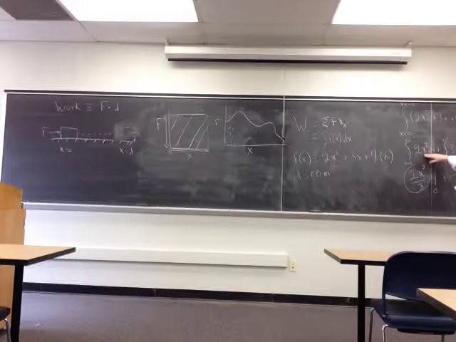So if you want to take the integral of x to any exponent, call it n, the integral of x to the n is equal to x to the n plus 1 divided by n plus 1. And this is going to be from 0 to 1 as well. Okay, does that make sense?